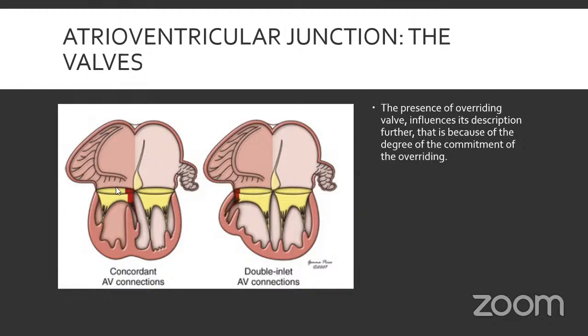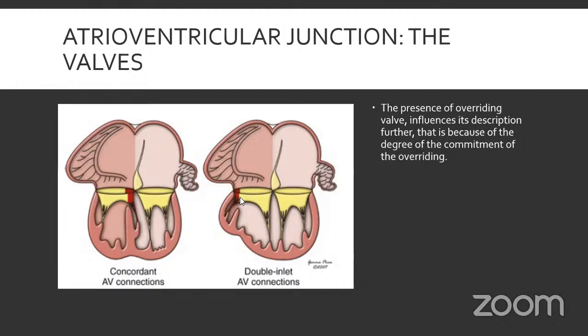So this creates a scenario where we have a first group where each atrium is connected to each ventricle. Now, when we look on the other side, we can see there's also some sort of override of the right-sided AV valve. However, the majority of the valve is committed beyond the septum to the other ventricle.